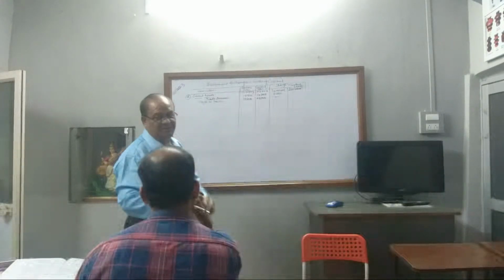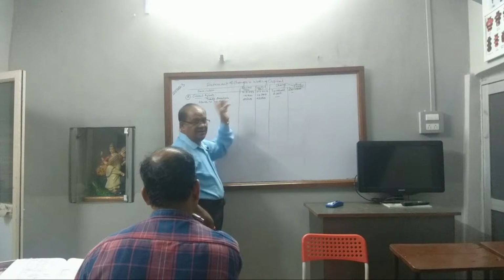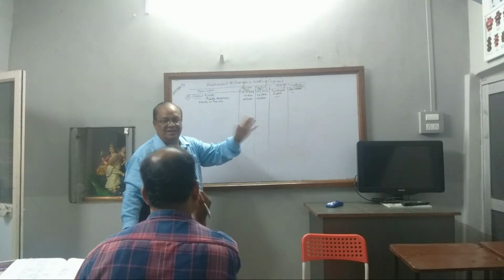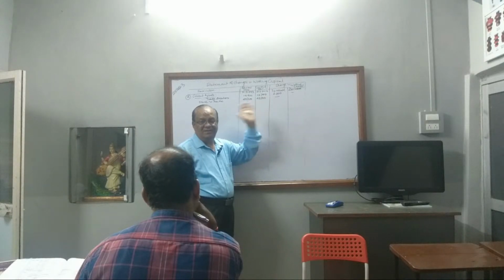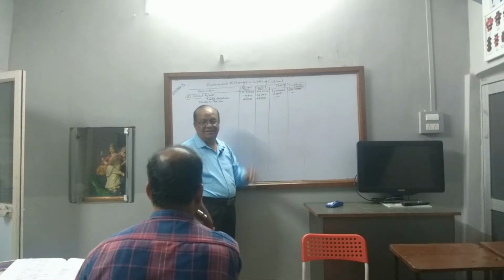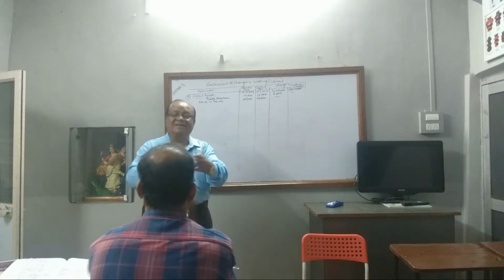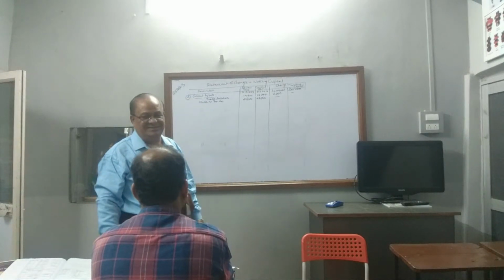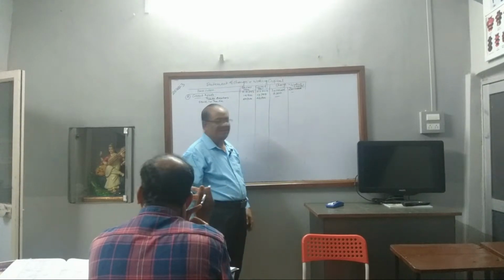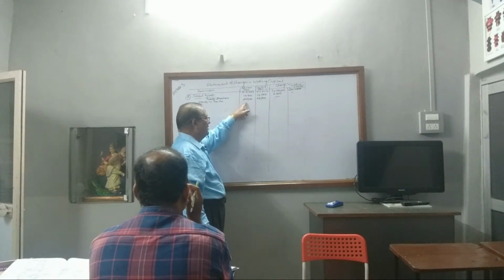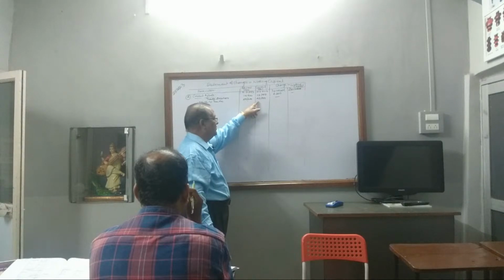You take the figure first. What is the first figure? 14,900 is the stock in trade in the last year. What is the stock in trade in the current year? 17,700. Means stock is increased. Write in the increase column, 2,800 is increased. So like this now, 49,200 and 42,700.